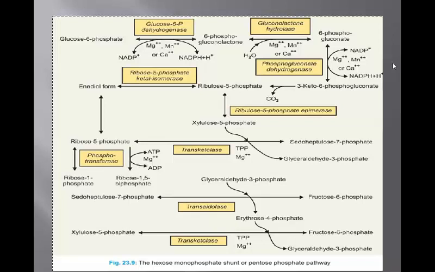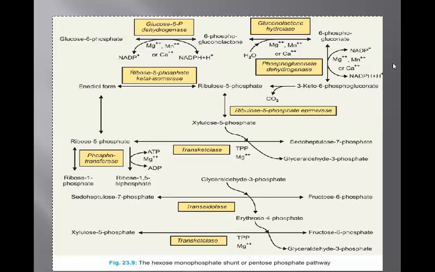NADP acts as hydrogen acceptor. So as 3 glucose 6-phosphate molecules enter, 3 NADPH, H plus are formed, and it occurs in the presence of a divalent ion as a cofactor, that is magnesium ion, manganese, or calcium ion.